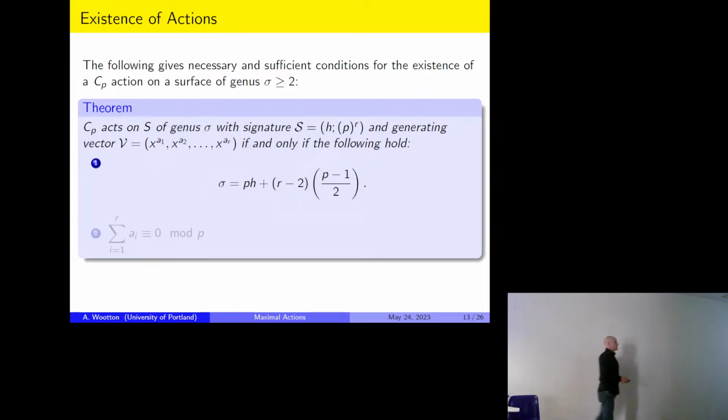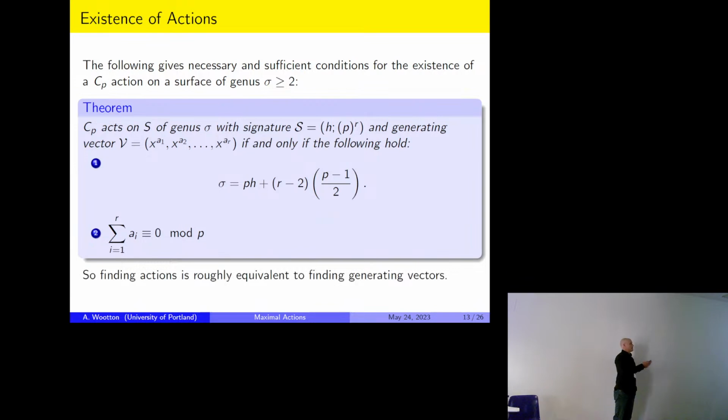And then the second result, and this is really the main idea here, is that this sum of the AIs has to be congruent to 0 mod P. Okay? There's lots going on here, but the main point is finding actions is roughly equivalent to finding generating vectors plus some additional numerical condition.